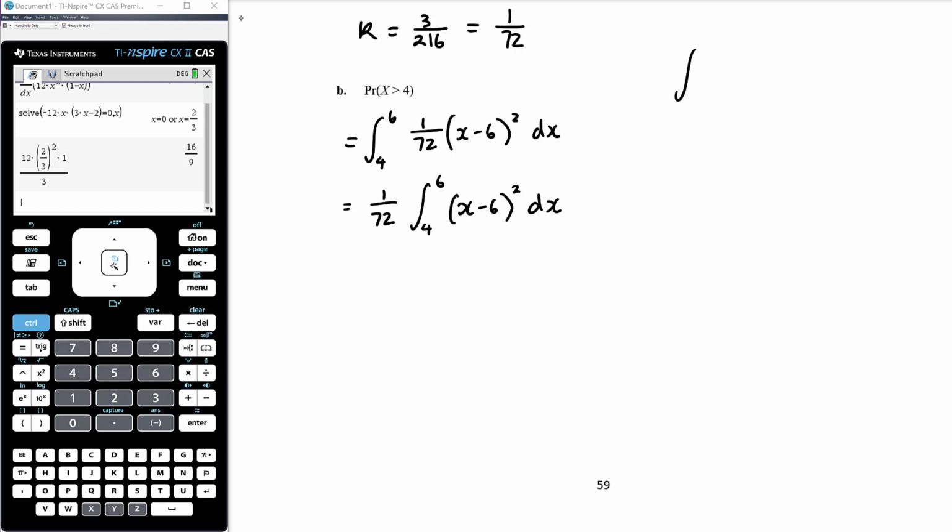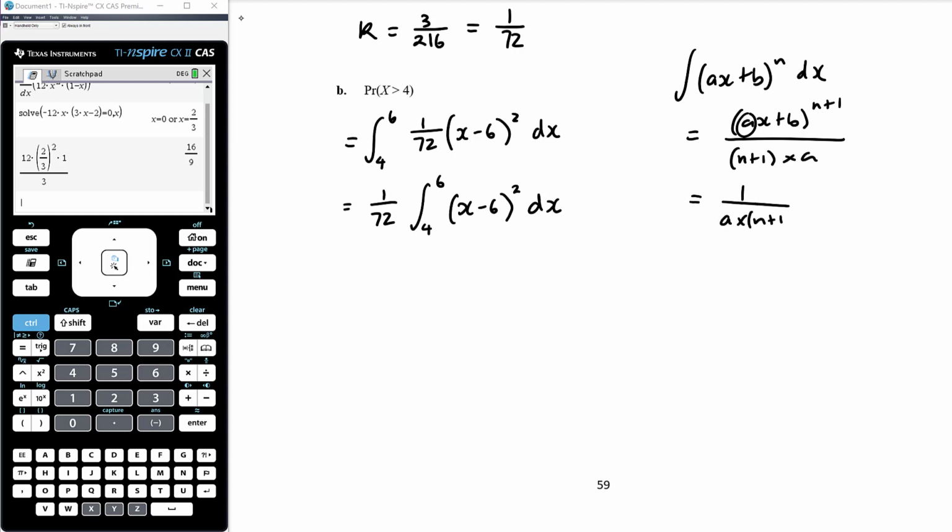So remember, the integral of (ax plus b) to the n: we add 1 to the power and divide by that new power, but we also need to divide by a, the coefficient. So it essentially ends up being 1 over a times (n plus 1) times (ax plus b) to the n plus 1, plus c obviously, but we're doing a definite integral.